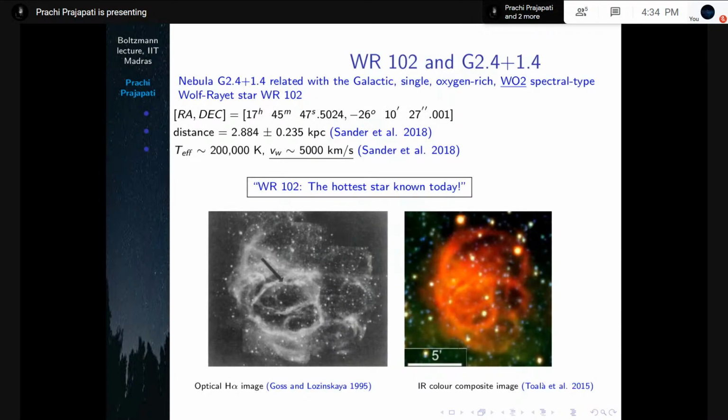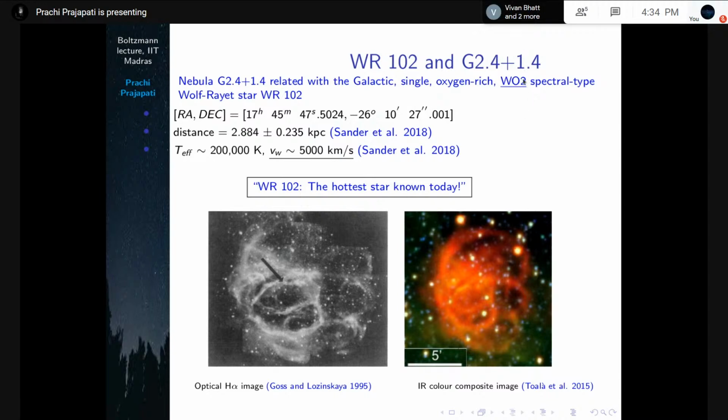To observe this, since I told you it's very rare to find isolated massive stars due to many constraints, in our own galaxy there are only four such WO2 spectral type stars, and one of them is WR102. WO, as I have told earlier, is an oxygen-rich Wolf-Rayet star, and this index 2 is, as I told at that time, from the subclasses starting from 1 to 9.